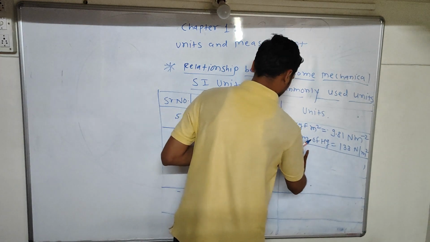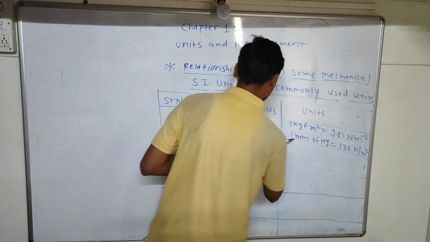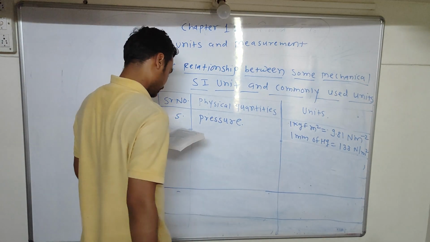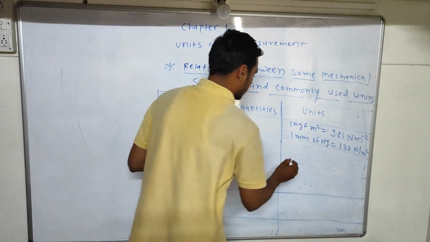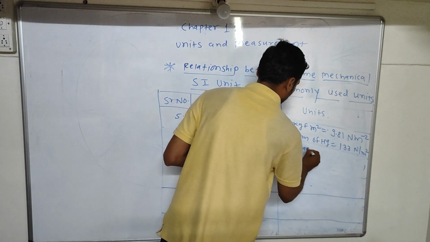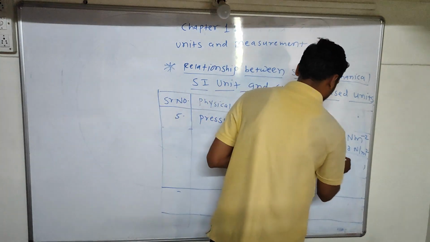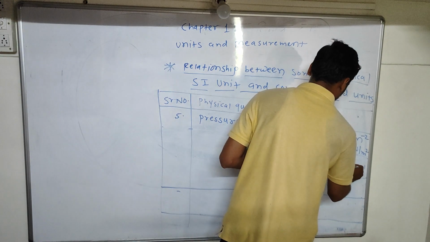Then 1 Pascal is equal to 1 Newton per meter square, right?